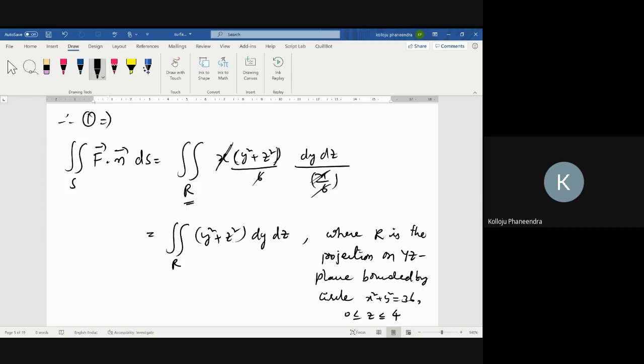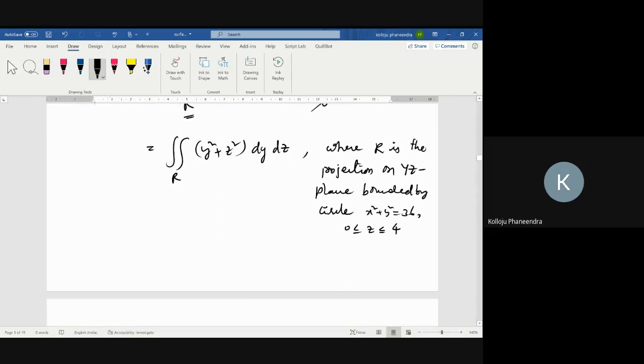Let me write it clearly. On the YZ plane, x equal to 0. Therefore, x square plus y square equal to 36 becomes y square equal to 36, which implies y equal to plus or minus 6.